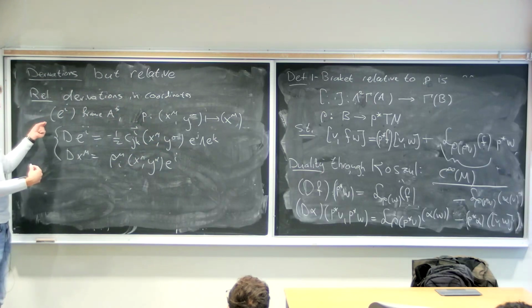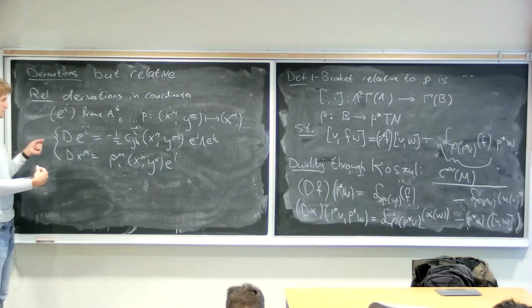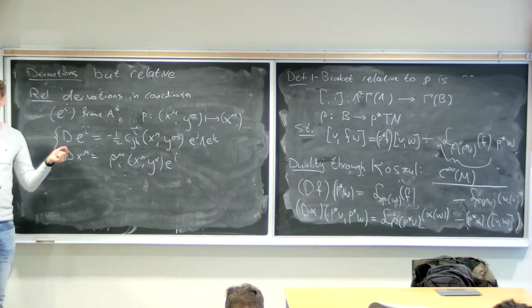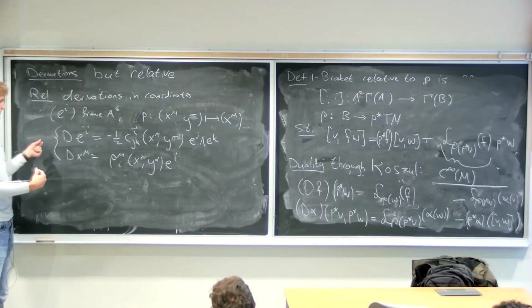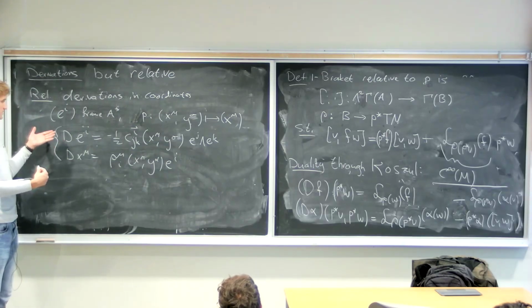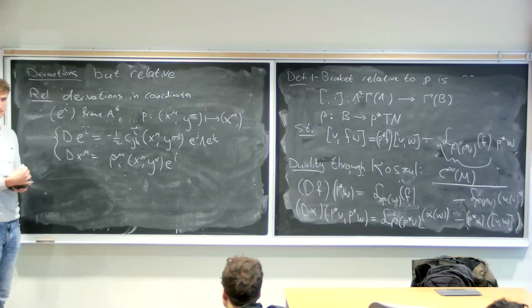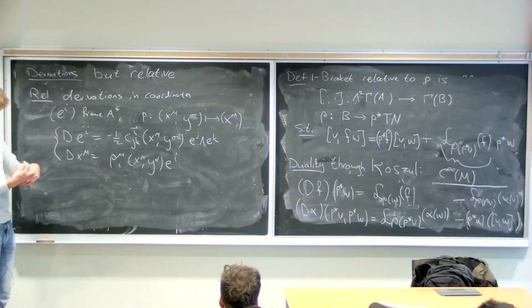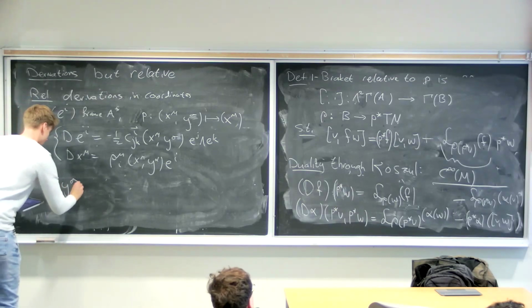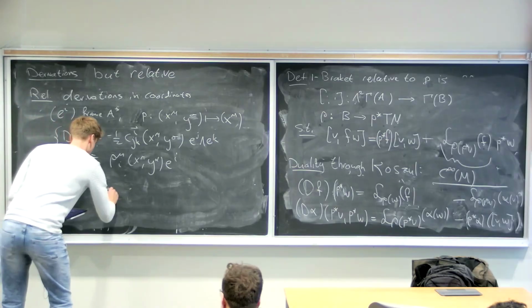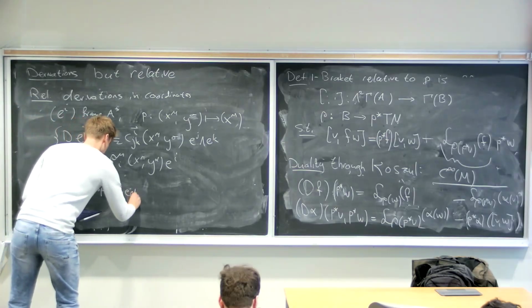In a way, you can think of these relative derivations as derivations on the pullback bundle that are not complete, in the sense that we can only differentiate things that are constant on the submersion fibers, because it's not specified any further. So d of y sigma is unspecified. It's not defined.